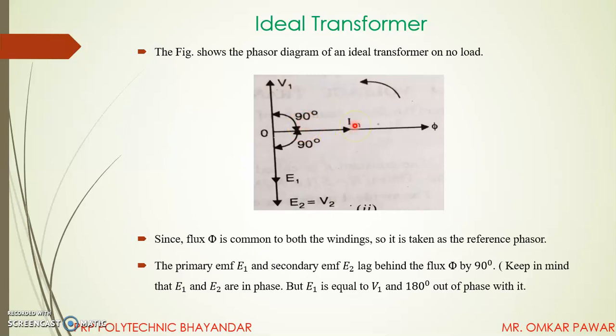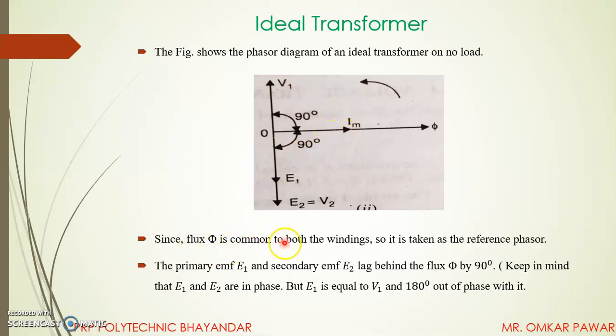Im produces a flux which is in phase with this current, so phi and Im are shown in the same direction. That flux is linked with the secondary and primary windings, and the induced EMF lags this current by 90 degrees.